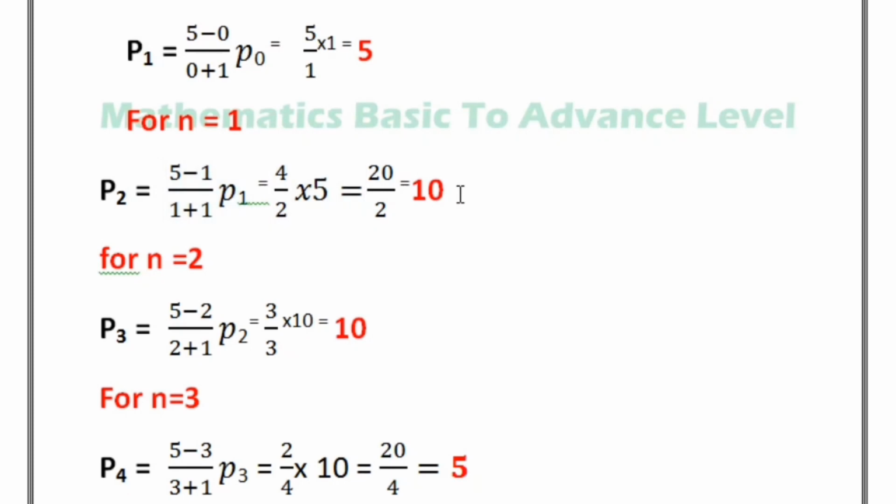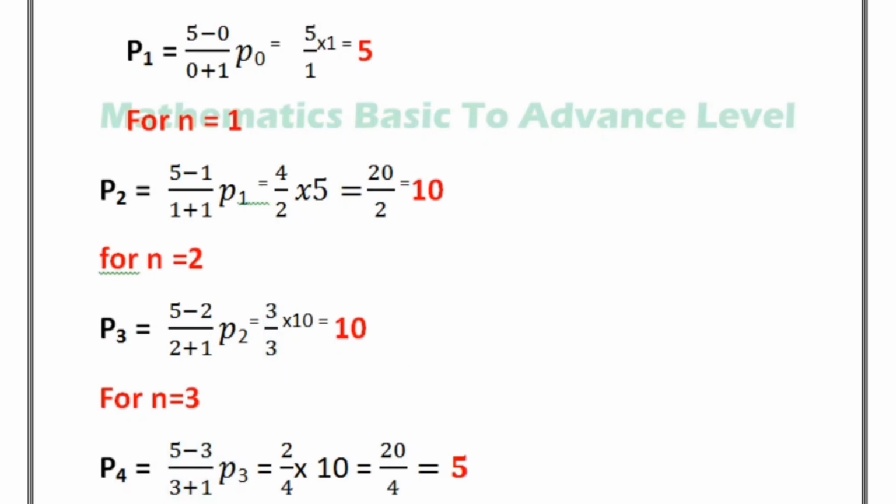P2 is equal to 10. Next, for n is equal to 2, p3 is equal to (5 minus 2) divided by (2 plus 1) times p2, which is equal to 3 divided by 3, multiply 10. 10 3s are 30, divided by 3, so 3 10s are 30.